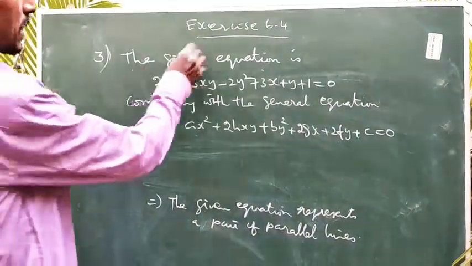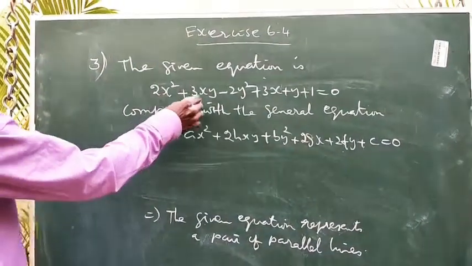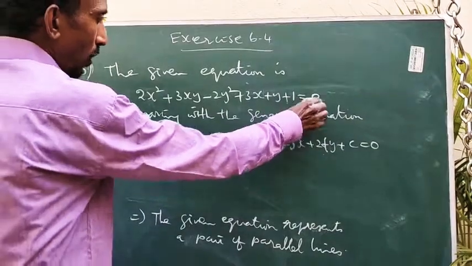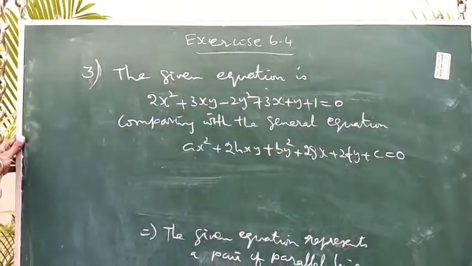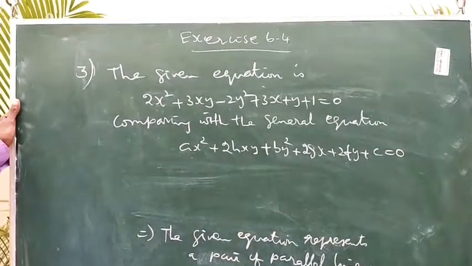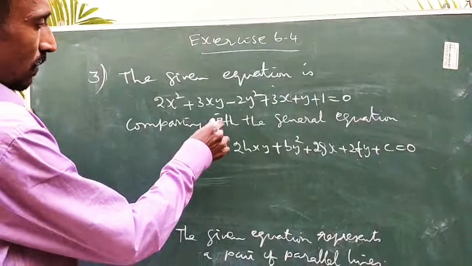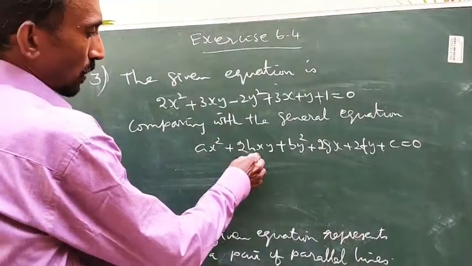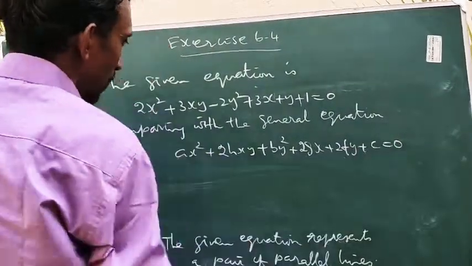Question number 3 in exercise 6.4, the question is, show that the equation 2x square plus 3xy minus 2y square plus 3x plus y plus 1 equal to 0 represents a pair of intersecting lines. Okay, sorry, pair of perpendicular lines. Again, as in the previous question, comparing with the general equation of the pair of lines, ax square plus 2hxy plus by square plus 2gx plus 2fy plus c equal to 0.